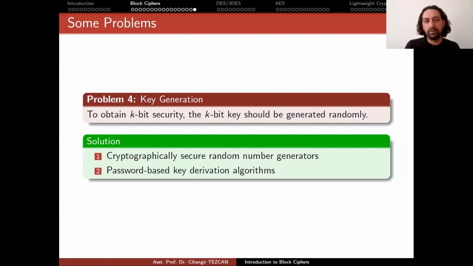Actually, you have probably done this if you use the RAR compression algorithm with a password. There your password is turned into an AES key, and then it is used to encrypt your files while they are compressed. So these are the things we have to keep in mind when we are using block ciphers.